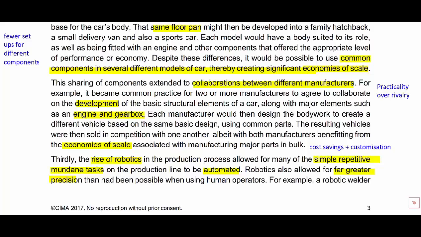Then as well, because of these robotics, of course, there are going to be big investments in setting up a modern day factory. And what that means is that you're going to have very high sunk costs. And of course, where you have very high sunk costs to get off the ground, it's going to create barriers to entry.